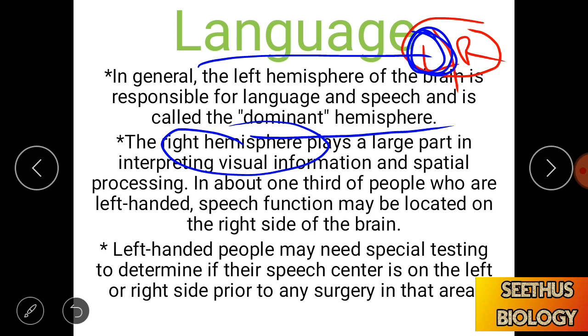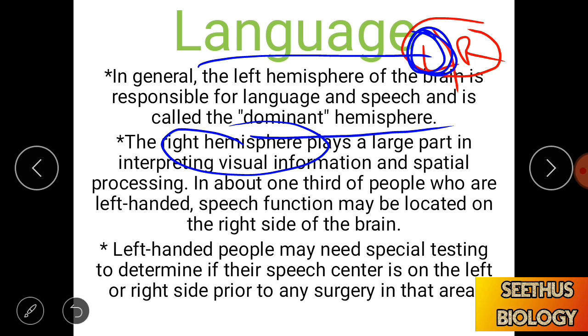Left-handed people may need special testing to determine if their speech center is on the left. To determine whether the speech center is on the left or the right side of the brain, left-handed people undergo special testing, which may also take place prior to surgery. Speech and language are usually under the control of the left hemisphere.